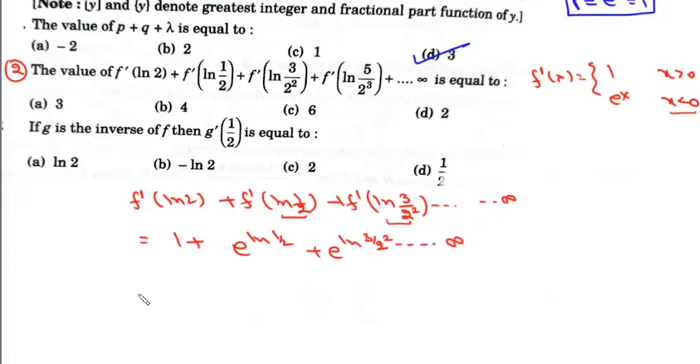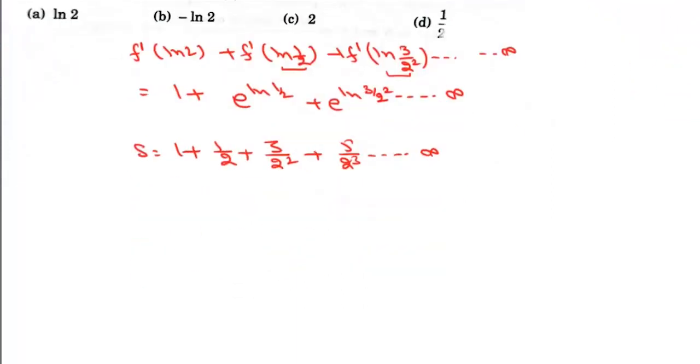So we need to find the sum of this series, which is 1 plus 1 by 2 plus 3 by 2 square plus 5 by 2 cube, up to infinity. Now we'll write this series once again, leaving one term, so it will be 1 by 2, 3 by 2 square, and we'll multiply it with the common ratio, that is 1 by 2.